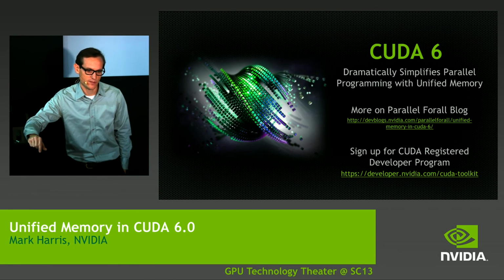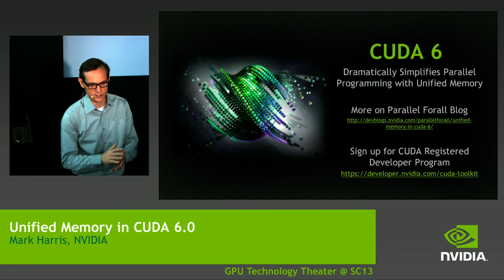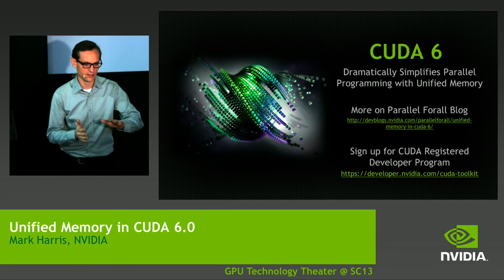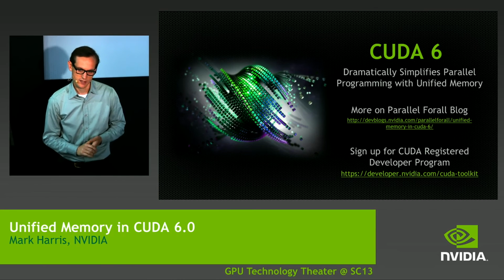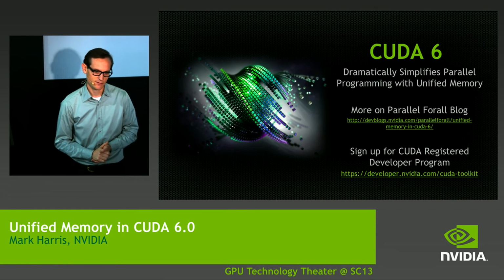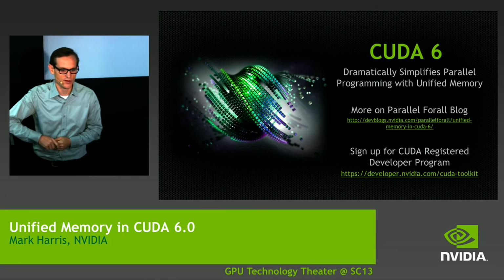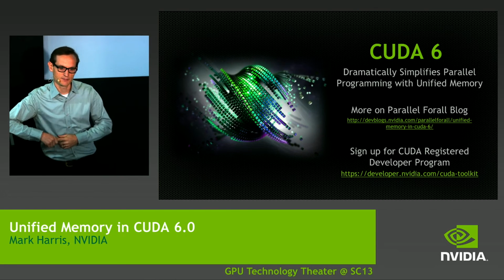I will say that if you're a skilled CUDA programmer, or if you have existing code that's already tuned to use asynchronous memcopies, overlapping computation and data transfers, then you're probably already running faster than you would with unified memory in CUDA 6. But it can help in some places where you have sparse access and you don't know what bytes you're going to touch ahead of time.